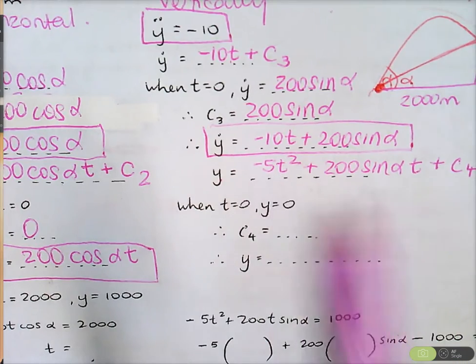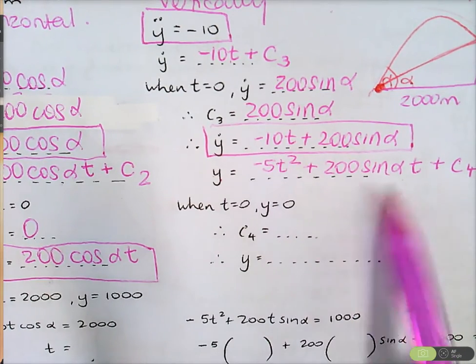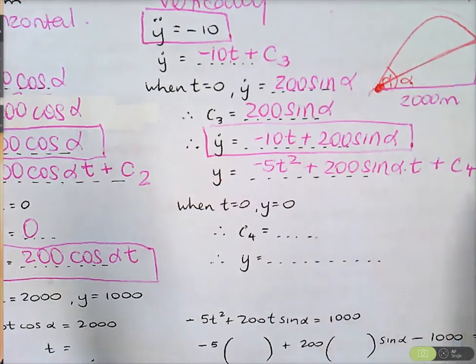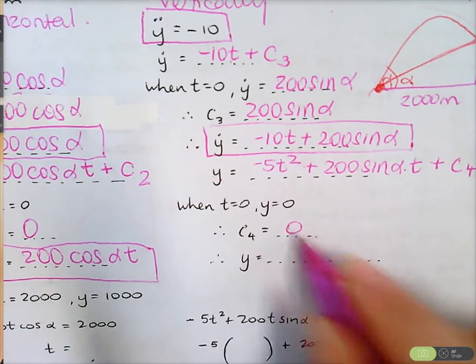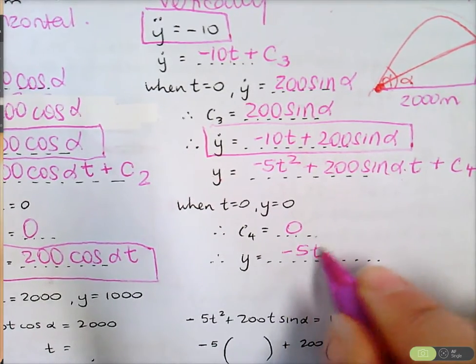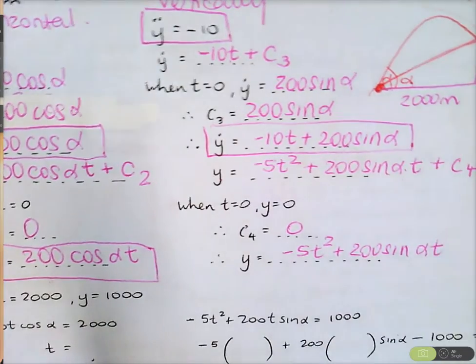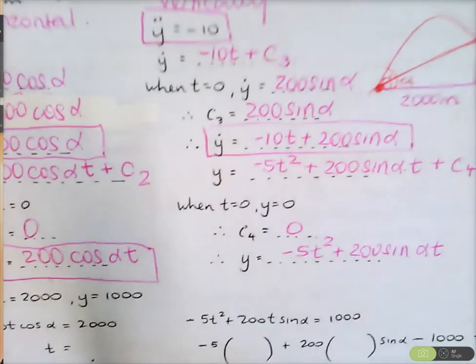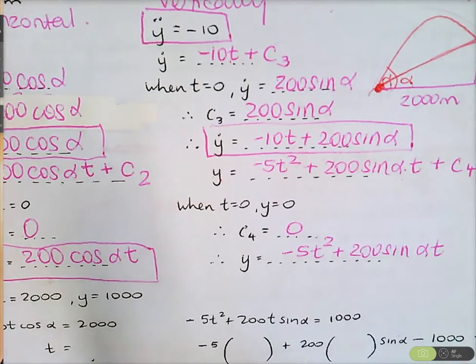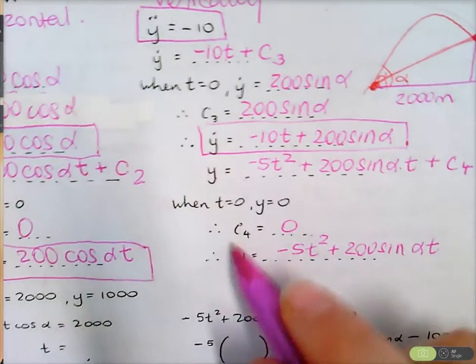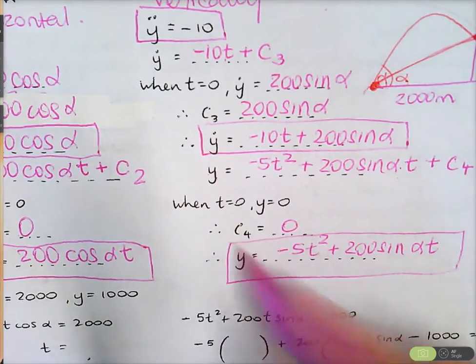So what do you get for C4? Therefore, y is -5t squared plus 200 sine alpha t. The only time you'll get a different value for C4 is if your particle's not starting from the ground. So we've got our 6 equations of motion.